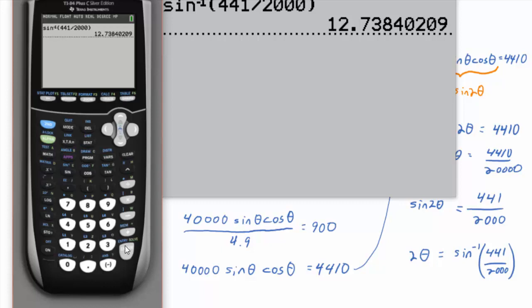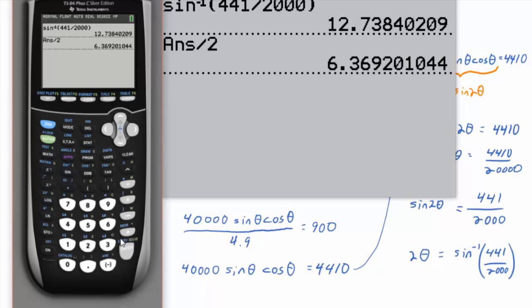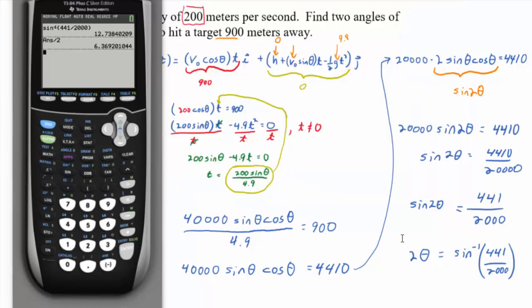But we have to do what with that? Divide by 2. So we get 6.4 degrees. Okay. So theta is going to be approximately equal to 6.4 degrees.